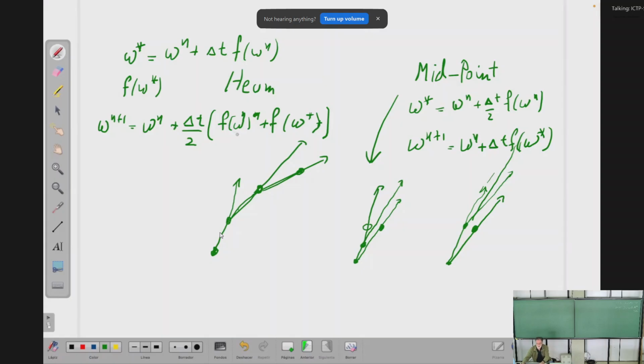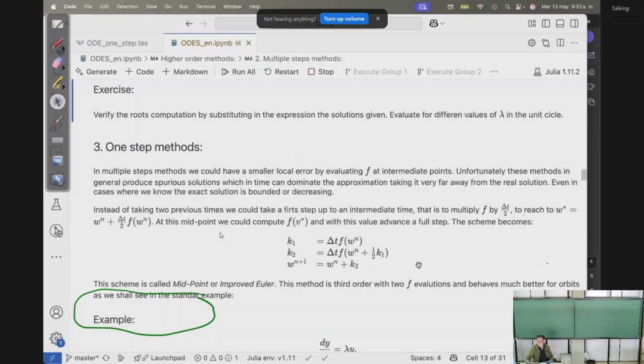So let's see now how it goes. So this is the midpoint. You first compute a K1, just this thing, and a K2, which is the value at the midpoint.